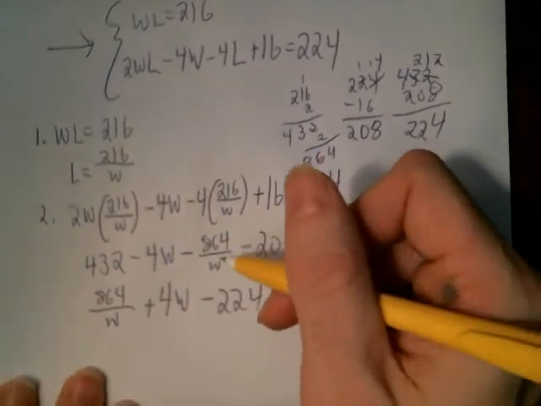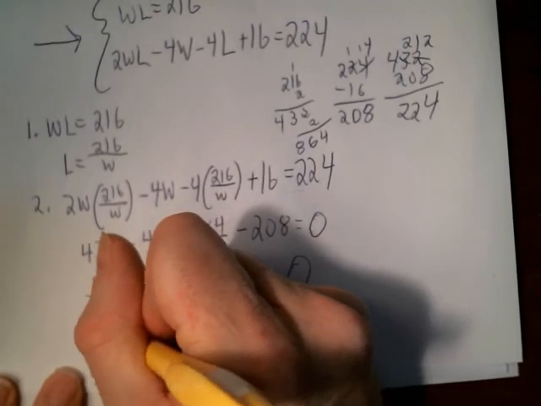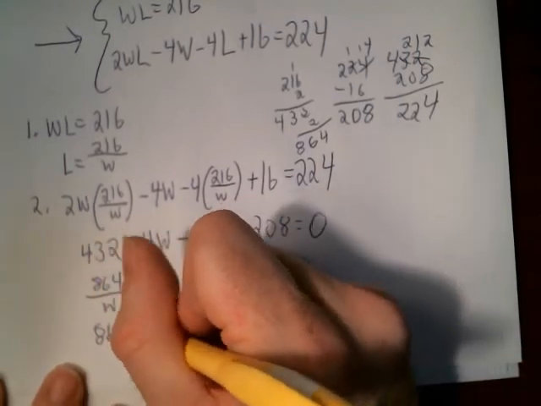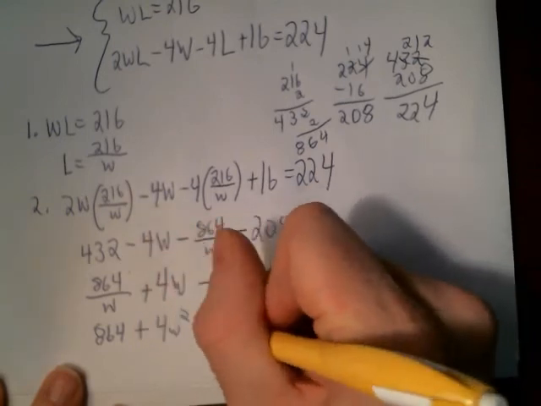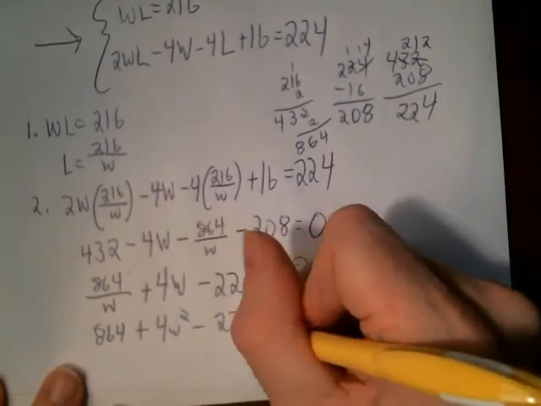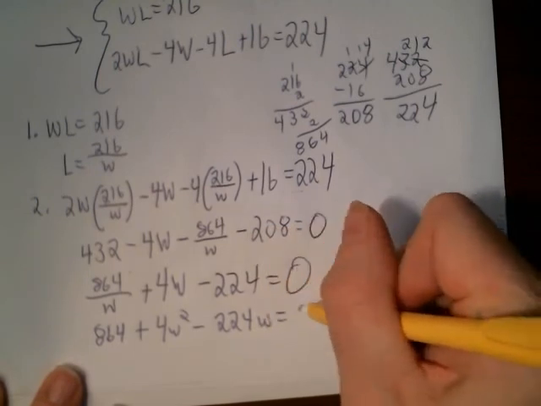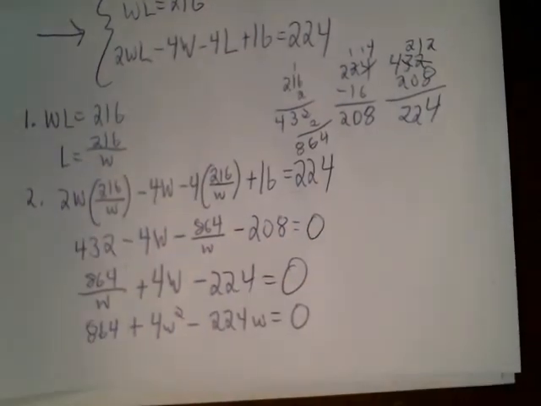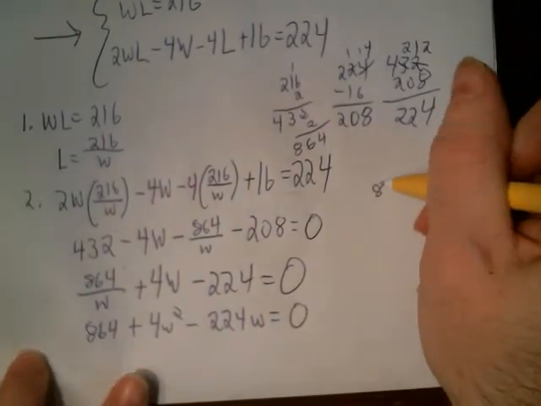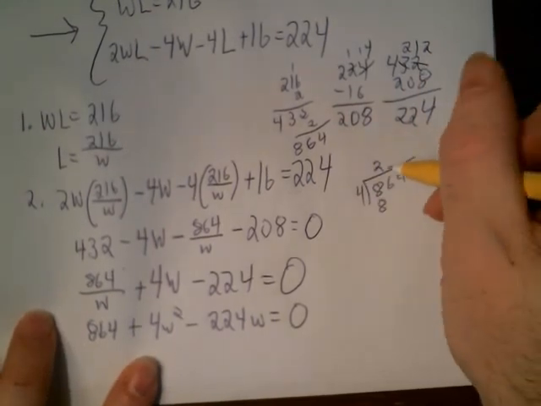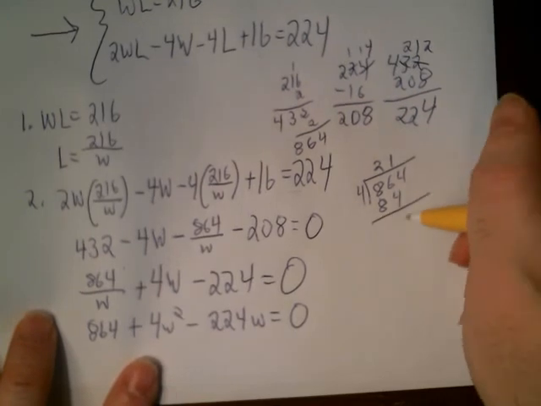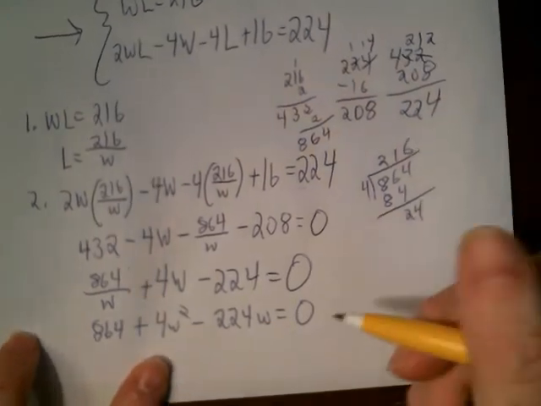Let's multiply by W straight through. So 864 plus 4W squared minus 224W is 0. If I divide out by something, let's divide out by 4 and see what we get. 864 divided by 4 is 216.